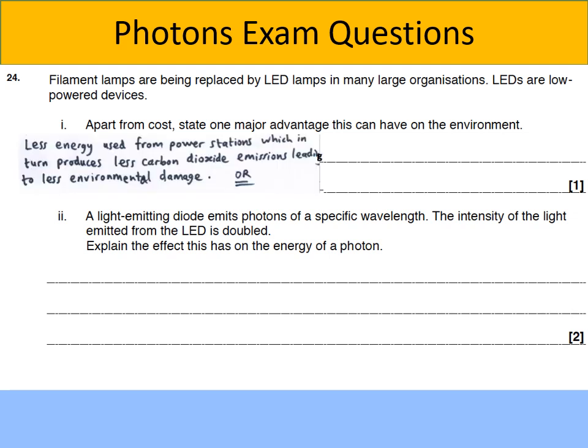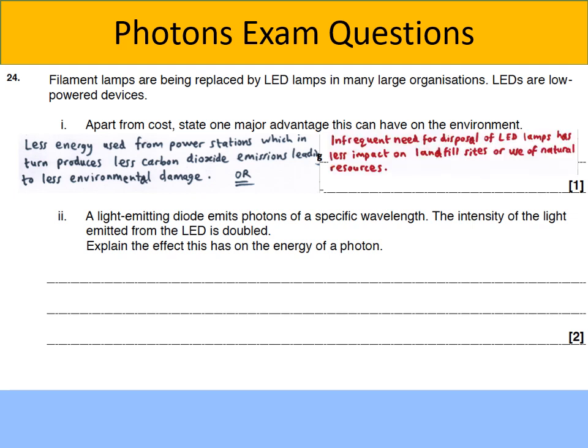The first possible answer is that less energy is used from power stations, which in turn produces less carbon dioxide emissions, leading to less environmental damage. Or an alternative is that the infrequent need for disposal of LED lamps has less impact on landfill sites or use of natural resources. Either one of those would have given you 1 mark.